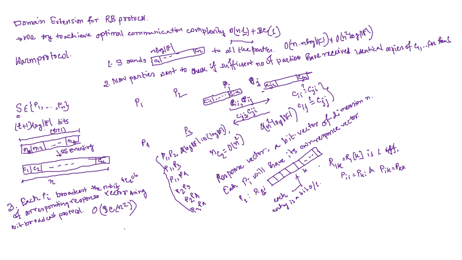Now once the response vectors for all the parties are public, we can actually construct a consistency graph. So after these n square bit broadcast protocols are done, everyone knows everyone else's response vector.